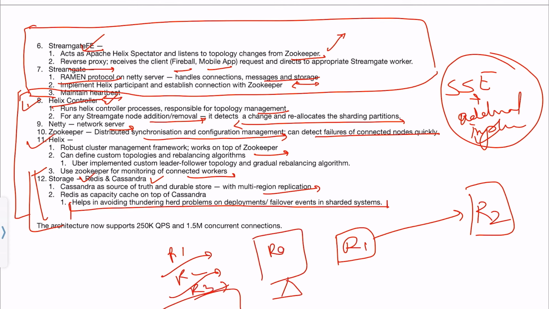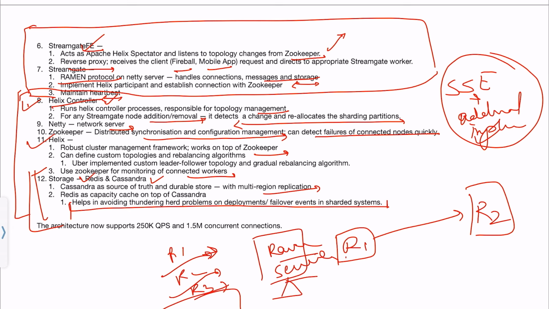Let's say this is your RAMEN server. Now let's say this particular request failed. You want to ensure that if some failures happen, there is no bombarding of requests that can come to this RAMEN server.